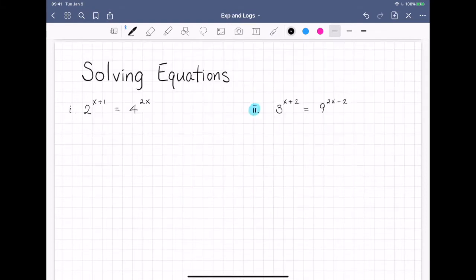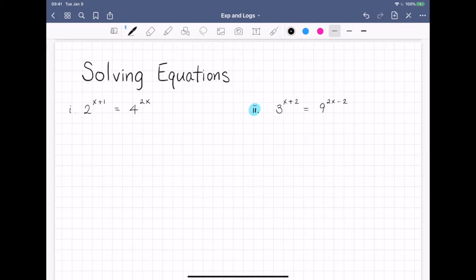Okay, next we're going to solve some equations. Now the first equation involves exponential equations. Even though the bases are different, I know that 4 can be written with a base of 2. It's 2 squared. So if you see something like that, you can solve these.